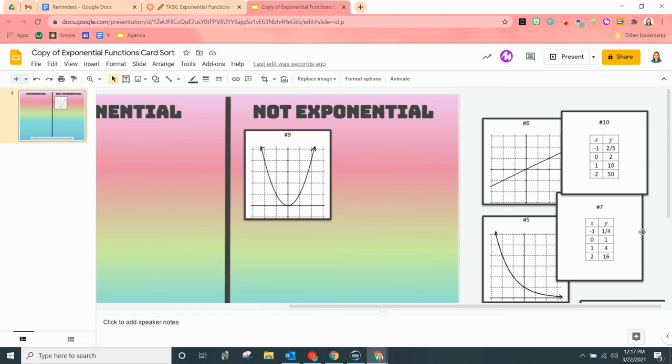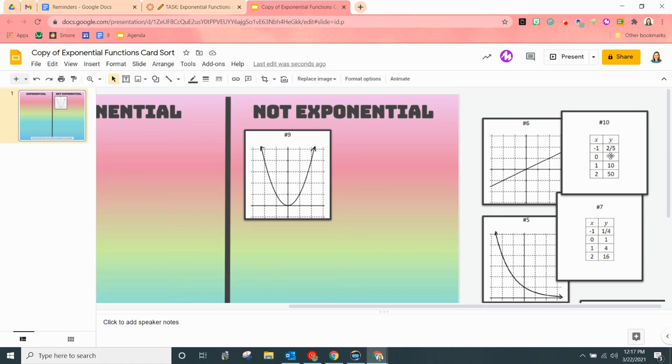Now, for the tables, here's the best way to decide if a table is exponential or not. You need to look and see, well, is it changing? Are your y's changing by multiplication or division? If they are, then yes, it's exponential. But if you can't multiply or divide to get the next y, it's not exponential. So, for instance, this one right here, 2, 10, 50.